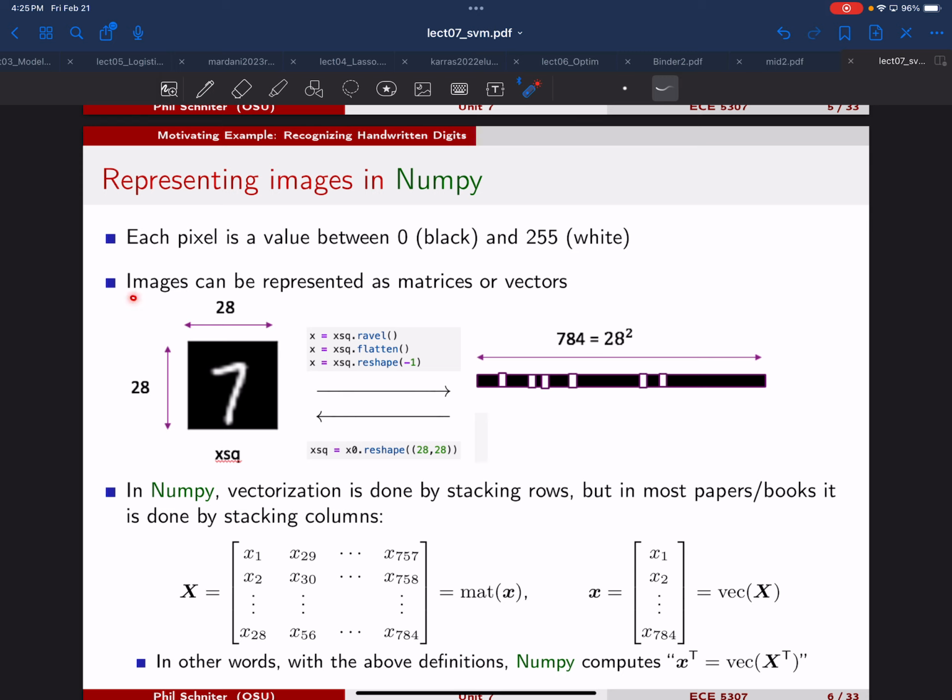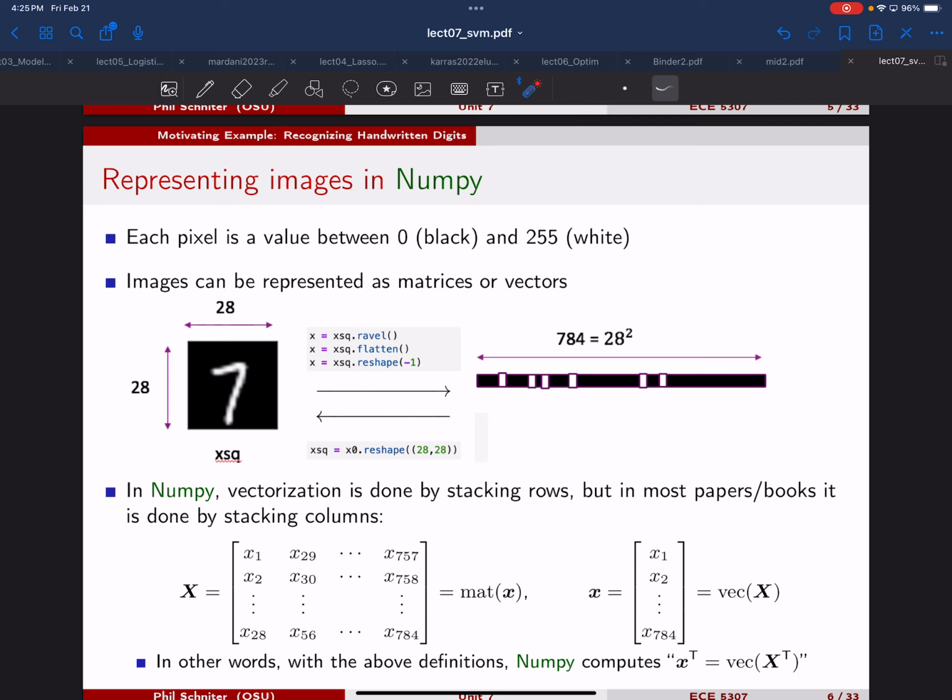And we can essentially think of images as either matrices or as vectors. So if we want to view the image like this, these MNIST images would be 28 by 28 matrices of real numbers, where the real numbers, as they're stored, are integers. But when we take them into NumPy, we can convert them to floating point, and we can work with them there in floating point if we want.